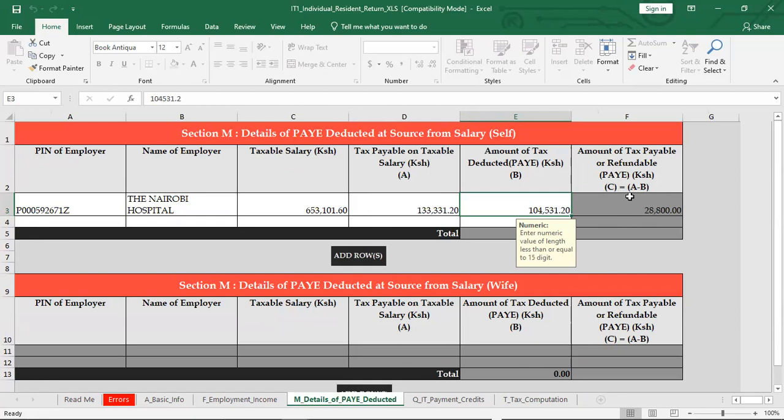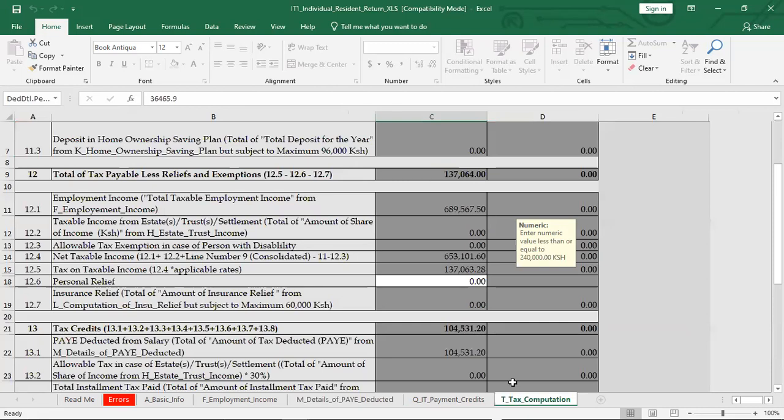Also, you can get it from the P9, where K is the personal relief. So the total is 28,800. That is the figure unaweka hapo.